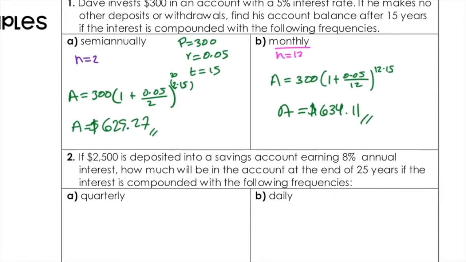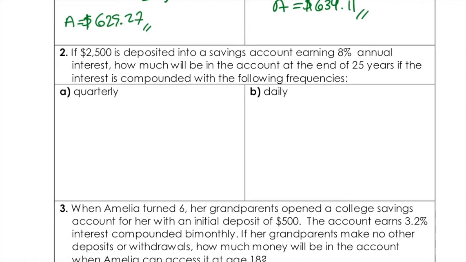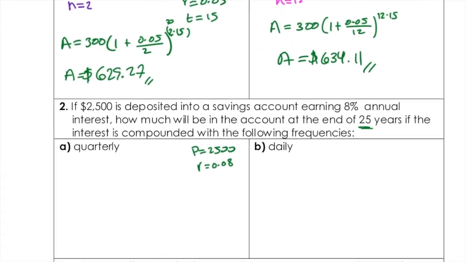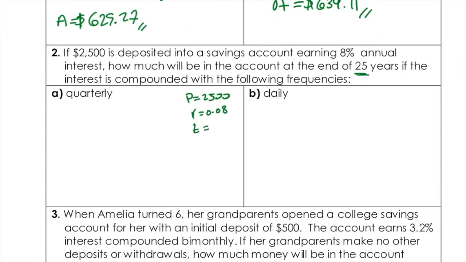Number 2 says if 2,500 is deposited into a savings account earning 8% annual interest, so R is 0.08, how much will be in the account at the end of 25 years if the interest compounds with the following frequency? So we know that T is 25, right?